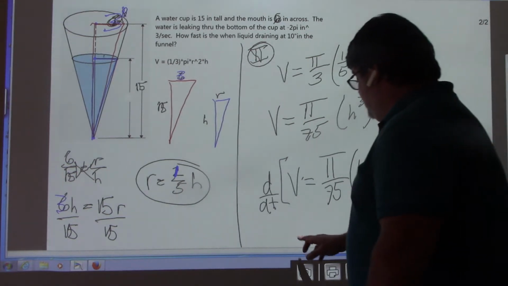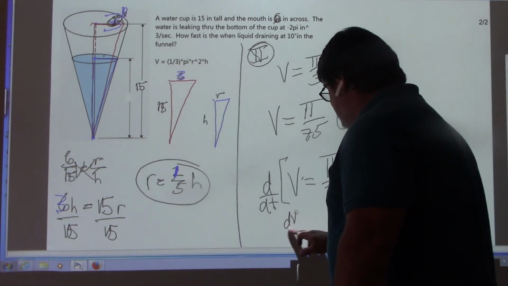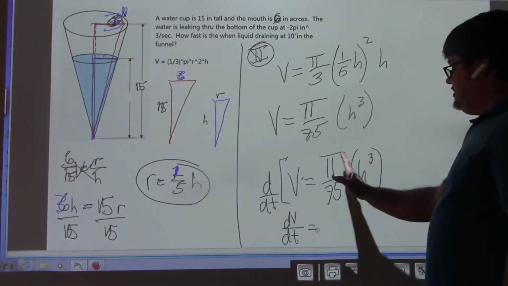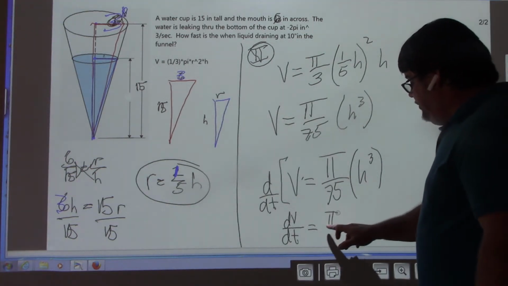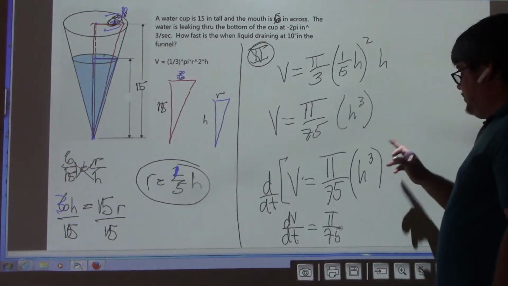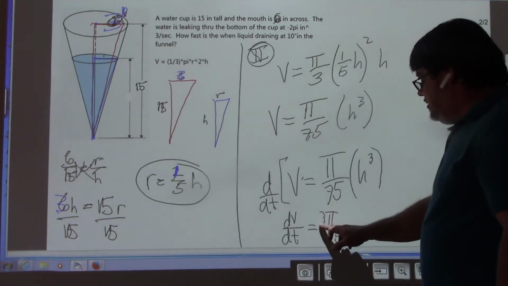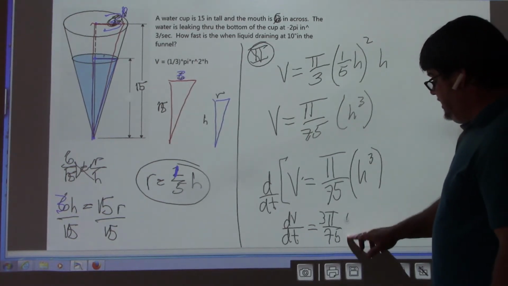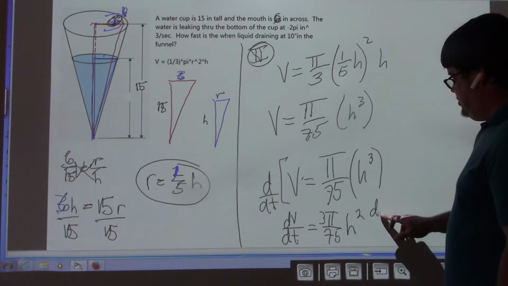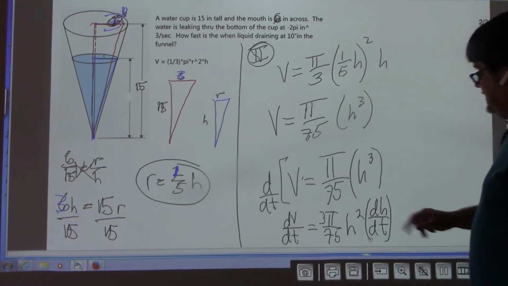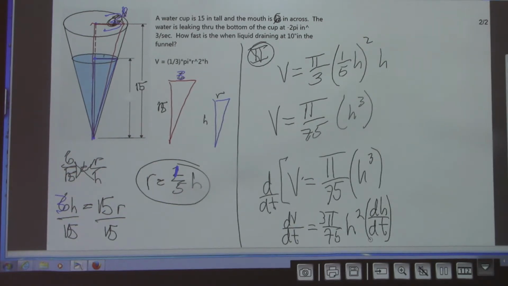Using your constant rule, that gives us dV dt is equal to pi over 75, and the 3 comes out, so 3H squared, times dh dt, and that's what we're trying to find.